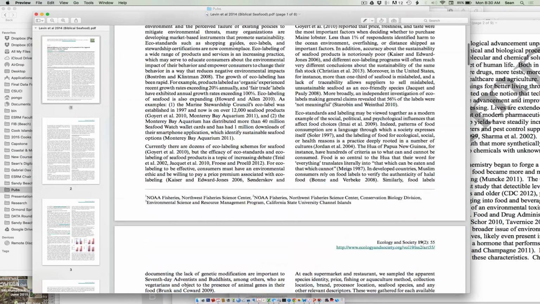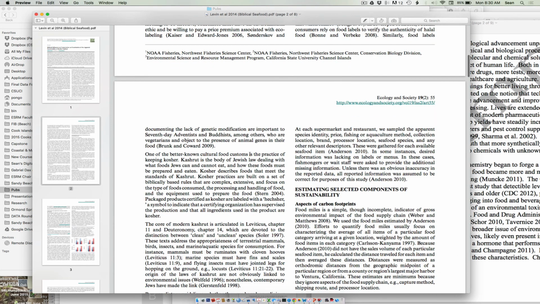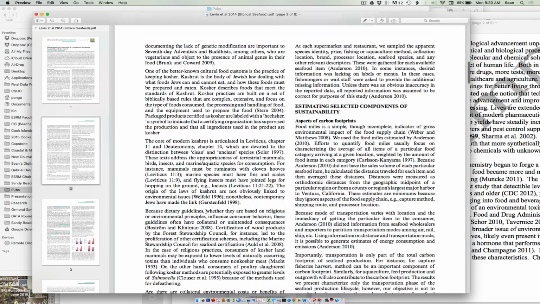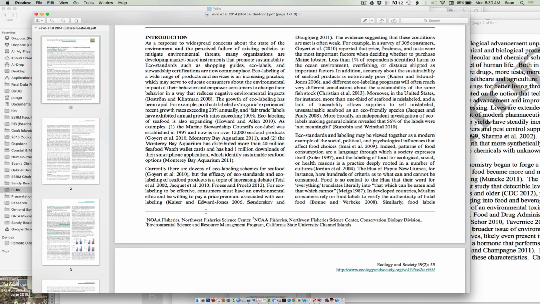The introduction goes 1, 2, 3, continues on 4, 5, 6, 7 paragraphs, and it hits right. This is more of a journal format, right? So we're not allowed to just go on for pages and pages and pages.